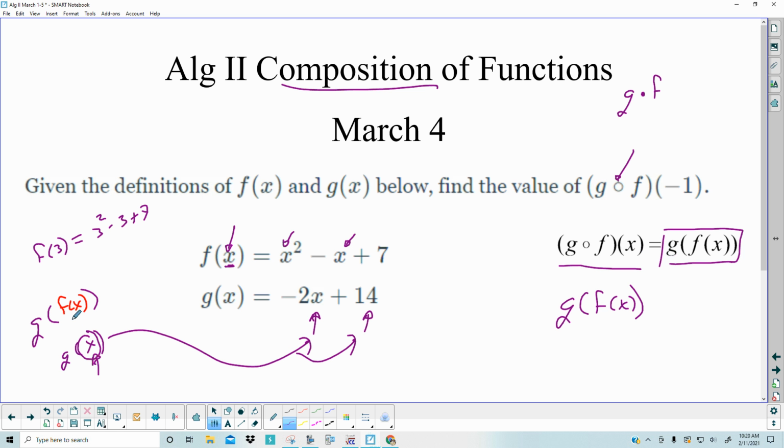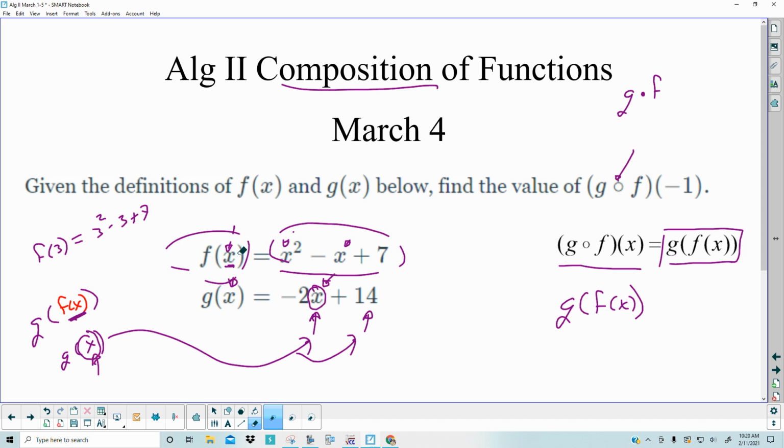Well, what's in here? F of x. This is inside the g function. This whole function is there. That's what it's telling you. So how do you do it?